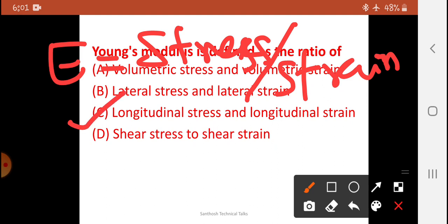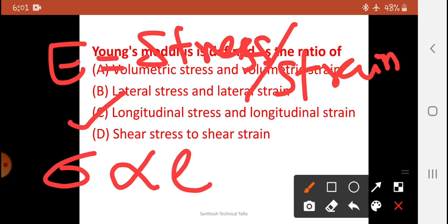The relationship between stress and strain comes from Hooke's law. Hooke's law states that when the material is loaded up to its elastic limit, up to its proportional limit, the stress is directly proportional to the strain.